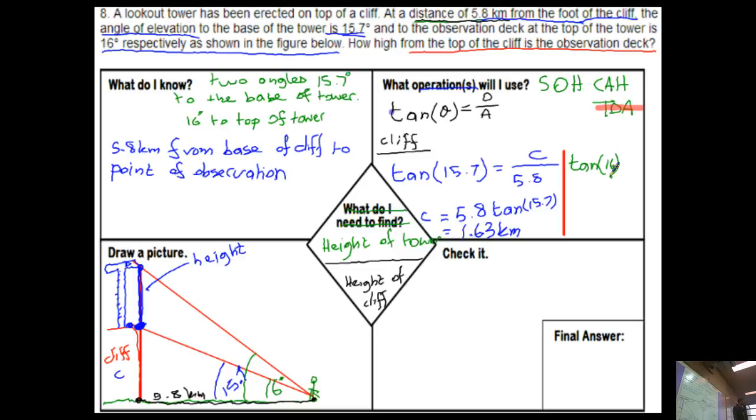Okay? So maybe I can use another symbol to represent the total height. T. That sounds good. So sometimes it's important to label what I'm going to use to explain for a number that I have here. T for the total height of the tower and cliff.